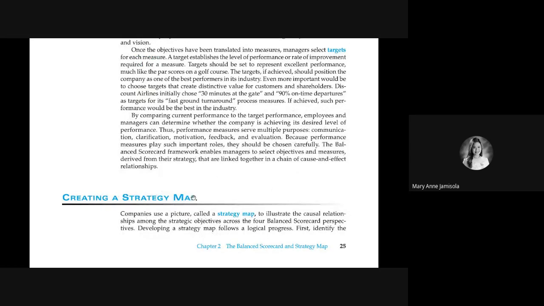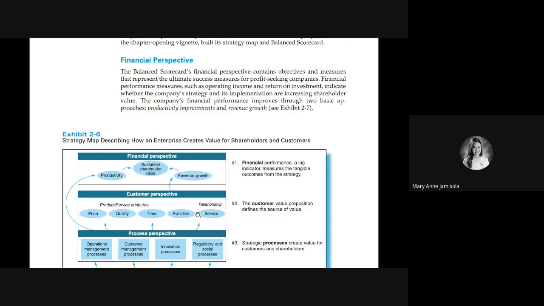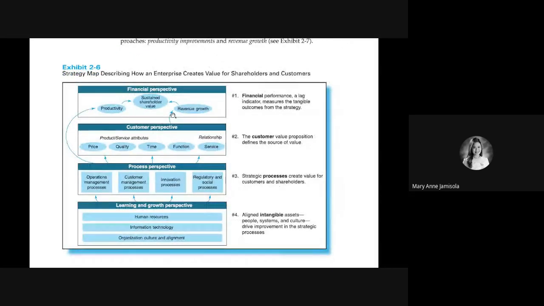So, strategy map, this is a picture that the companies use to illustrate the causal relationships among the strategic objectives across the four balance scorecard perspectives. So, ang strategy map is just your balance scorecard that is translated into a picture with the arrows, with the shapes and so on.